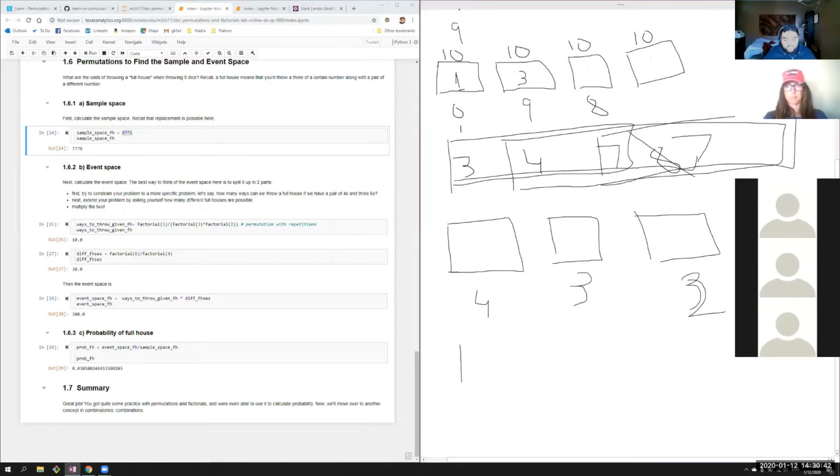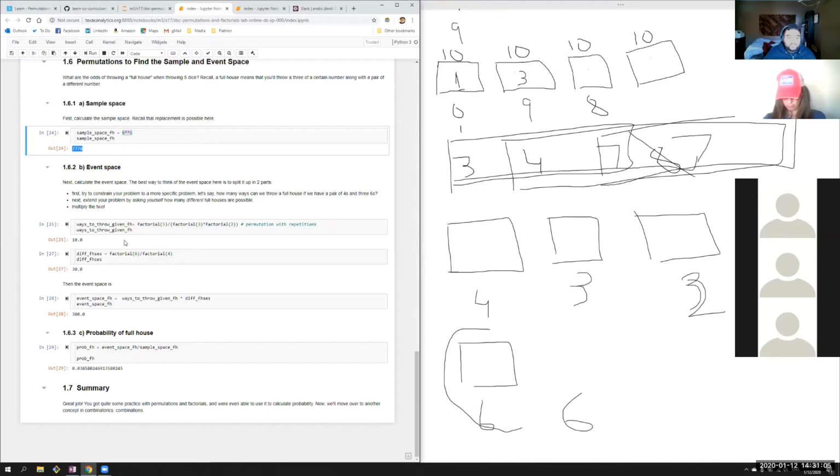You have 6 outcomes possible for the first one, 6 for the second, 6 for the third, 6 for the fourth, 6 for the fifth. So you multiply, because the outcome of the first doesn't affect the outcome of the second one. So it's not a permutation. All right, so that gives us a sample space of 7776.